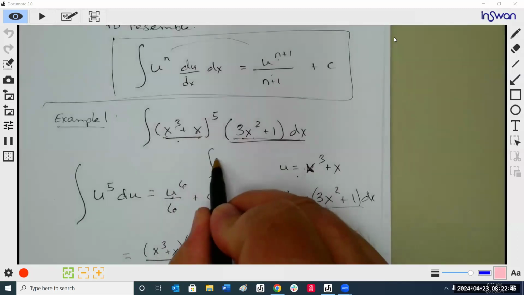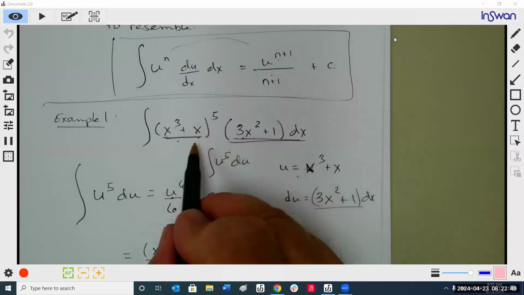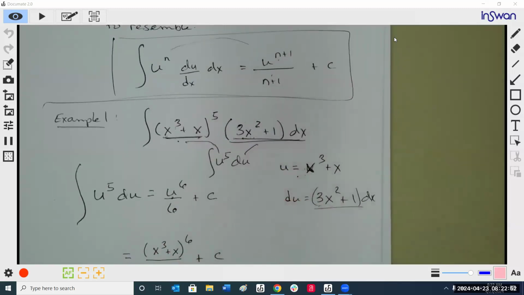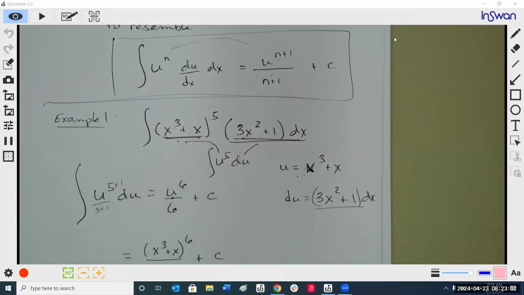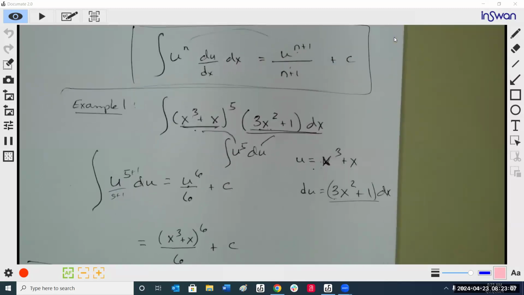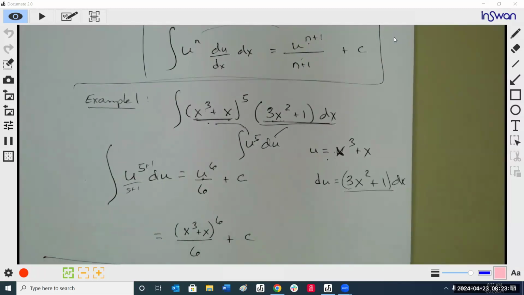So this is u to the fifth, and this is du. So now once we have it in this format, we can take the integral of it. Add 1 and divide by that. Are you wanting more work to do? It's just that simple. If it works out like this, if it's really nice and neat, it's that straightforward.